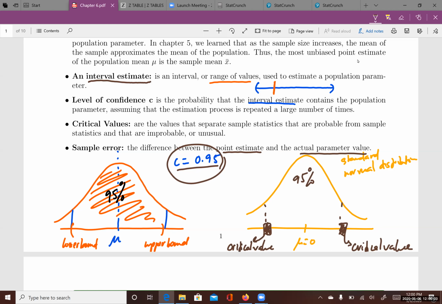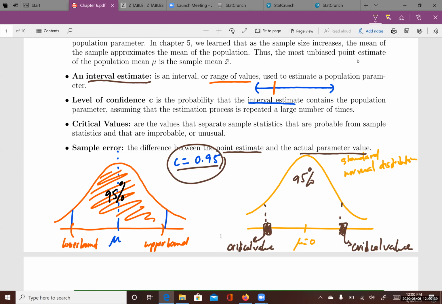In reality, we always have a sample error, but with good practice, we want to reduce it. We want to have as small a sample error as we can. Okay. And in the following lectures, we will learn how to reduce sample error. We will have some criteria that we can use to help reduce it.